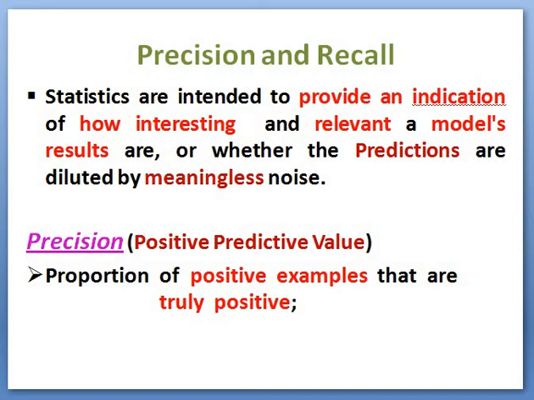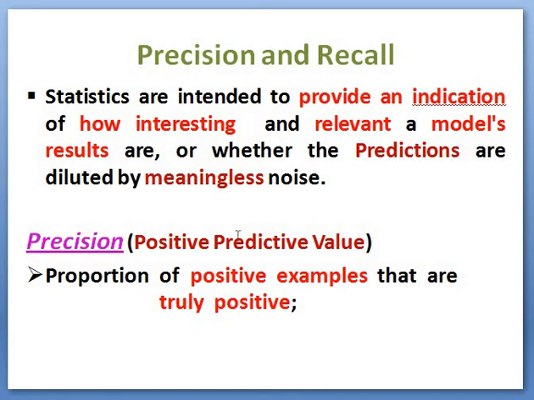The next term related to measuring performance is precision. Precision means the proportion of positive examples that are truly positive. This statistic is intended to provide an indication of how interesting and relevant a model's results are, or whether the predictions are diluted by meaningless noise.